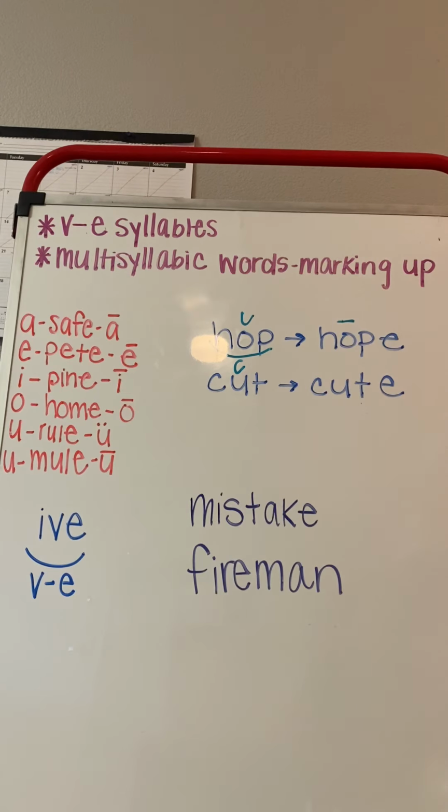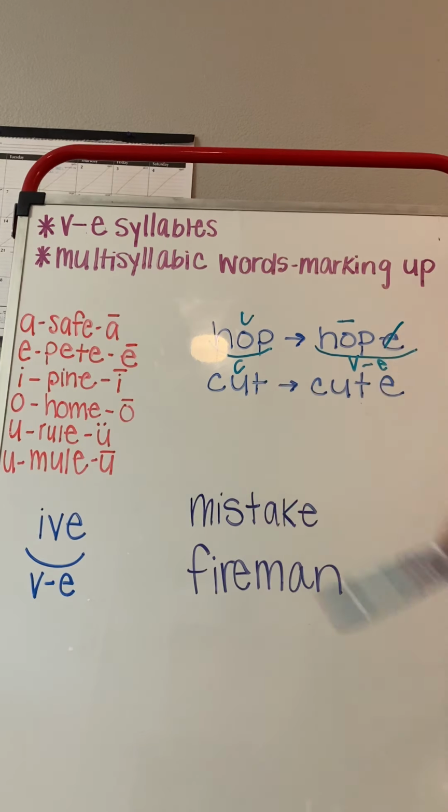So, h, o, p, hope. And the reason why is because E is our silent, really hard worker in our alphabet that jumps over our consonant and changes the vowel sound, okay? And we also mark a vowel consonant E syllable by scooping it and putting our vowel consonant E, okay?